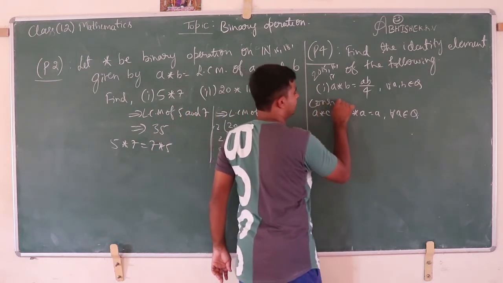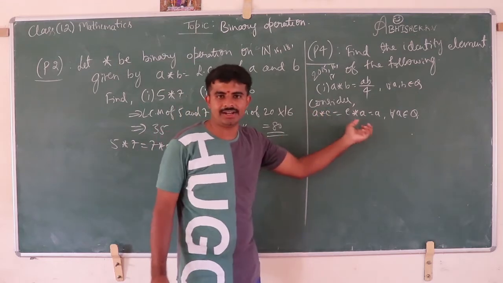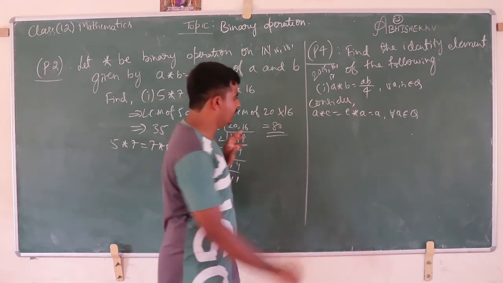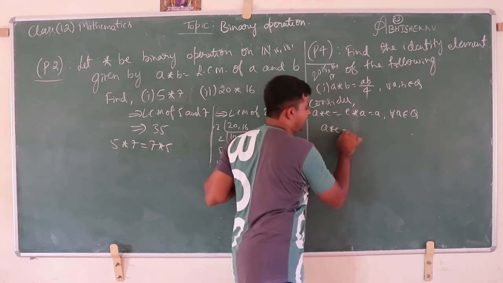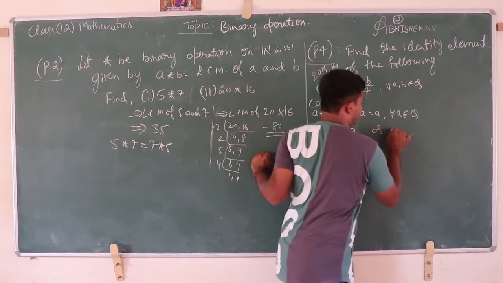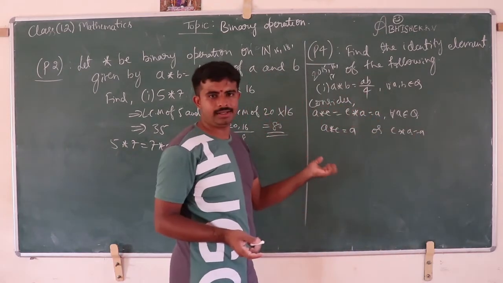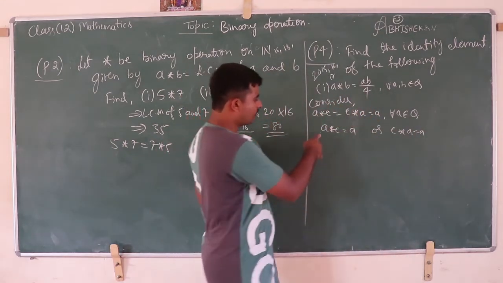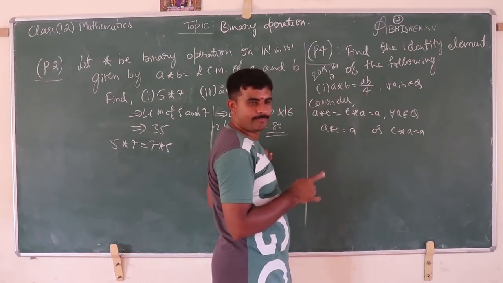Consider a star e is equal to e star a, because this is the definition of identity element. Consider any one of these two: a star e is equal to a, or you can consider e star a is equal to a. Both give the same answer. See, a star b is ab by 4.